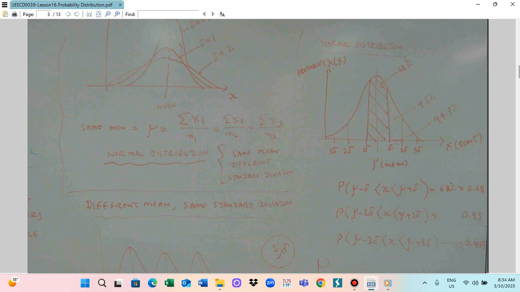So the middle one is mu. So this is 1 standard deviation difference, 2 standard deviation difference, and 3 standard deviation difference. So then we can see that between the positive delta and the negative delta, between mu minus delta to mu plus delta, the total area will be 68% of the graph.